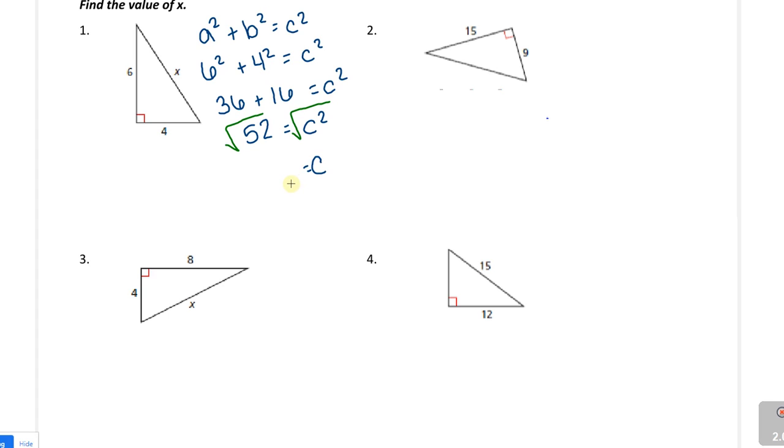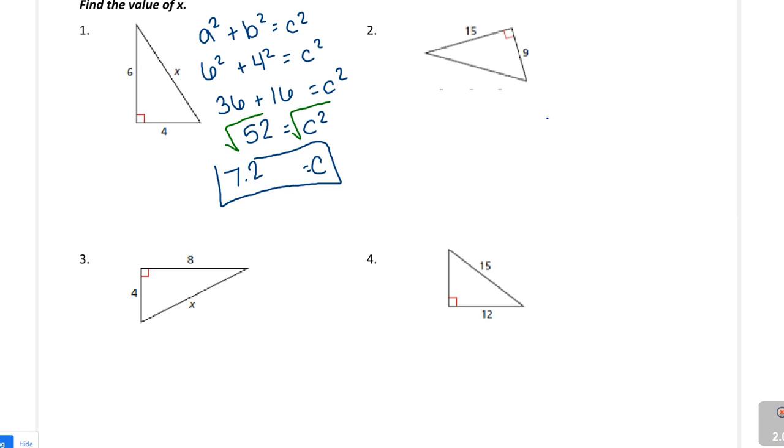You're going to hit second on your calculator, and then hit the x squared button, and then type in 52. And that is going to give you 7.21110 continuing on. So we can just round it to 7.2.